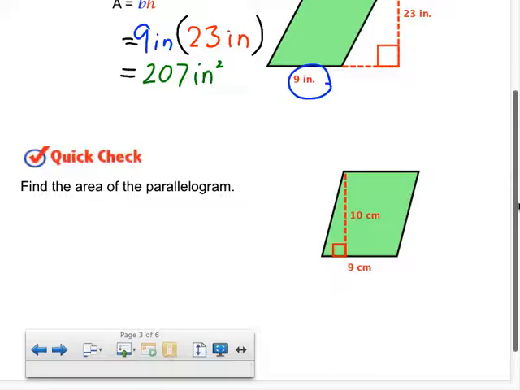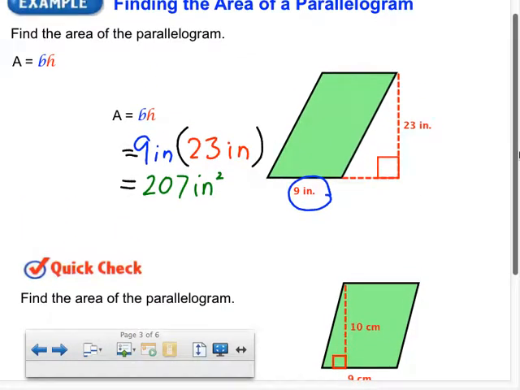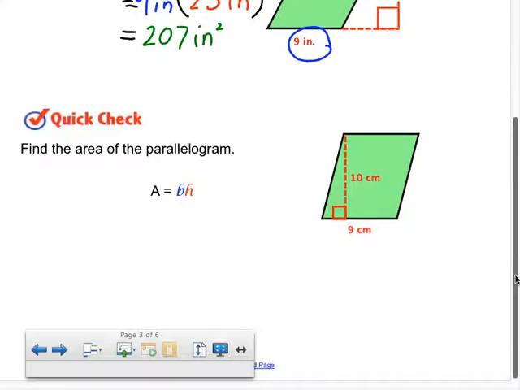Nathan, you have a question? Okay, walk me through it. First of all, what's the formula for a parallelogram? The area of a parallelogram. Base times height. Okay. Now, can you give me what you got for the base? Very good. So the base of the parallelogram was 9 centimeters.